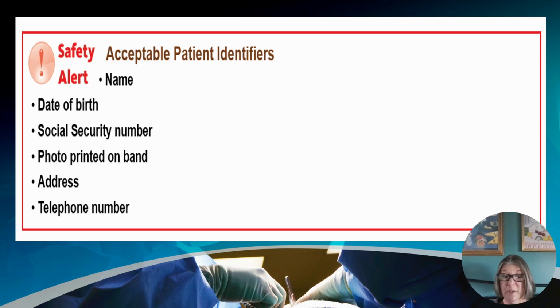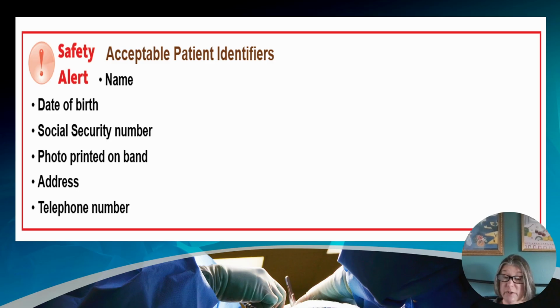Now, this is super interesting. These are acceptable patient identifiers. So the first two, name and date of birth, we know those, right? Drilled into our heads. But you actually can also use the social security number. You can use a photo that's printed on the wristband. Some wristbands these days are going to have a picture of your patient, and that is an acceptable patient identifier.